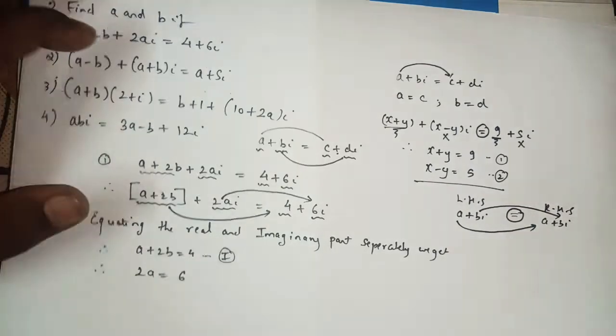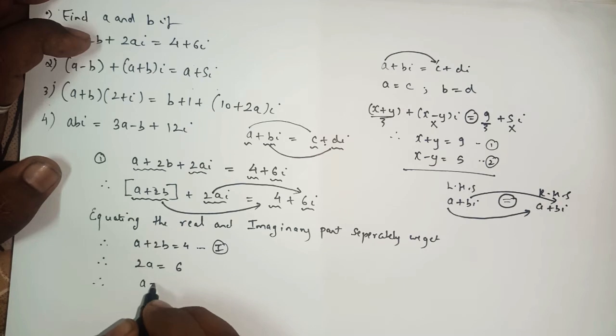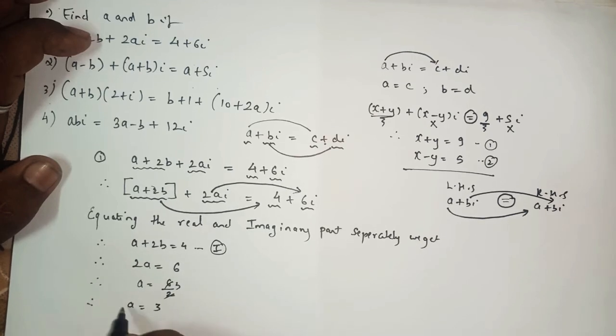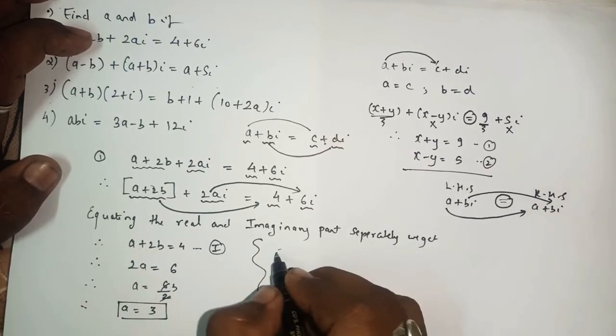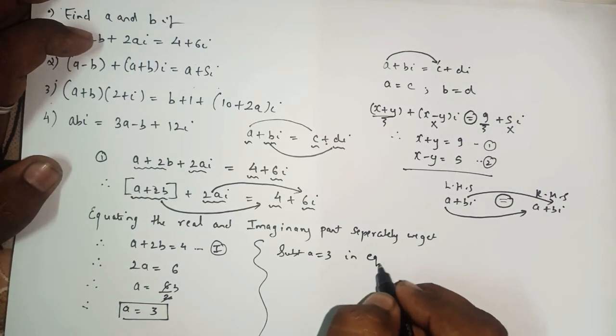Okay, so here we'll get the direct answer of a, as a will be equal to 6 by 2. Yes or no? So therefore a will be equal to 3. So simply you will take this value, substitute a equal to 3 in equation number 1.